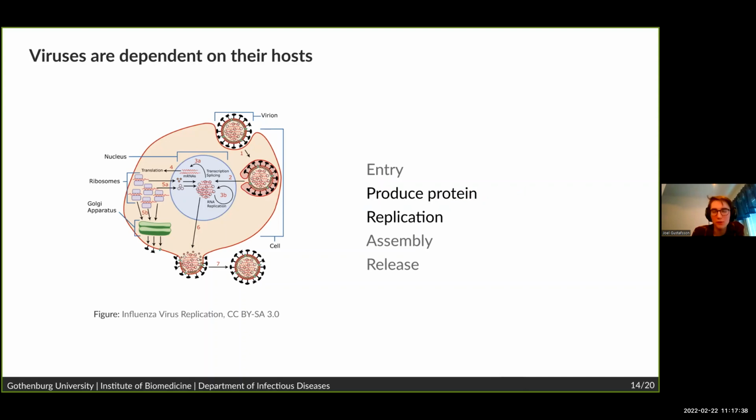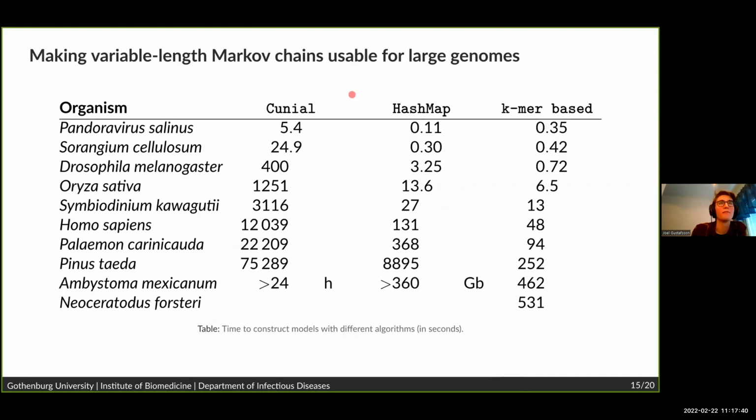But in order to do this, because I mentioned that viruses have much shorter genomes than some of the eukaryotes which they infect, we've also had to develop a couple of new algorithms to construct our variable length Markov chains on these much larger genomes.